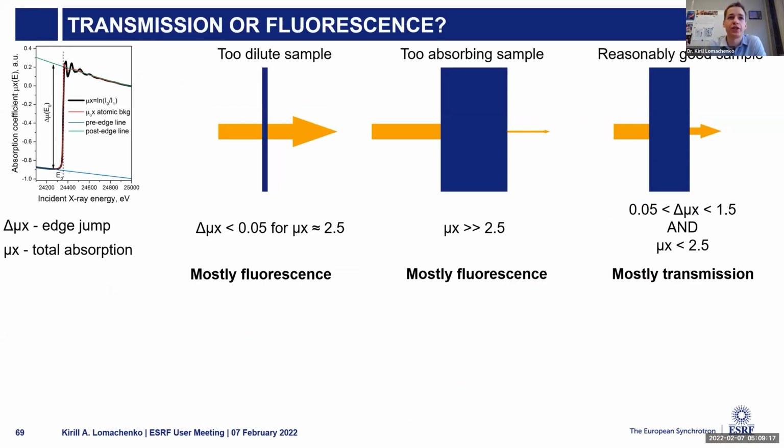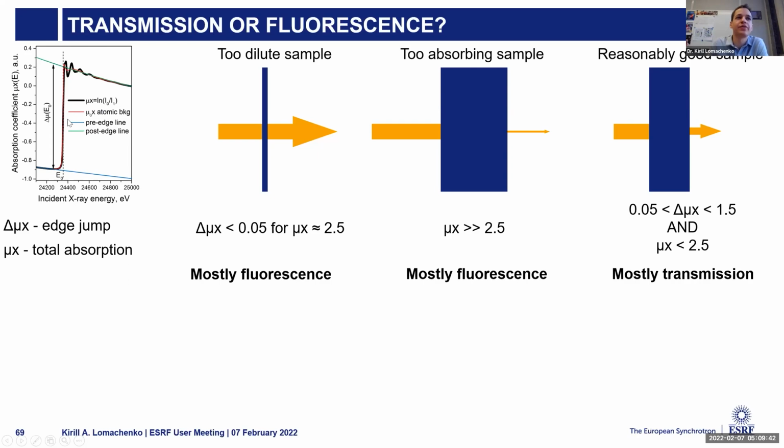Basically, fluorescence is used when your sample is too dilute, so when the edge jump is too small, it means that there are very few of your absorbing species. The edge step, the height of this edge jump you see on the left, the delta mu, is very small.